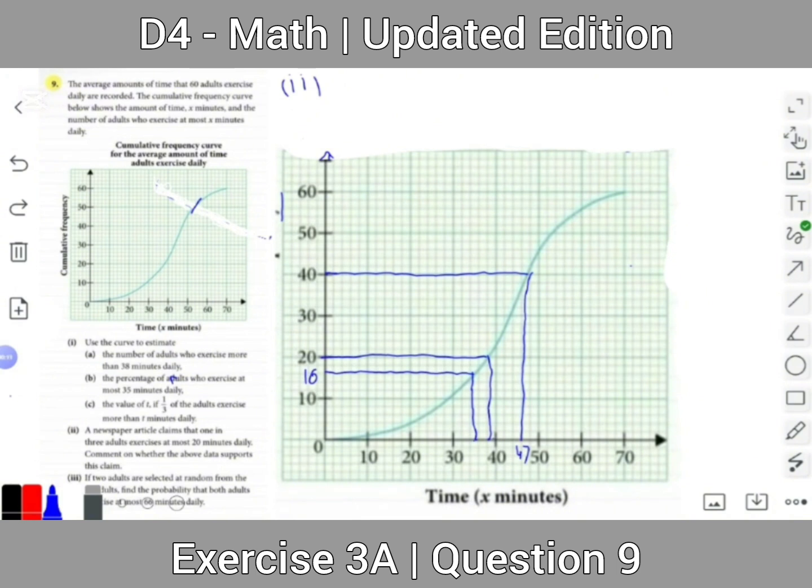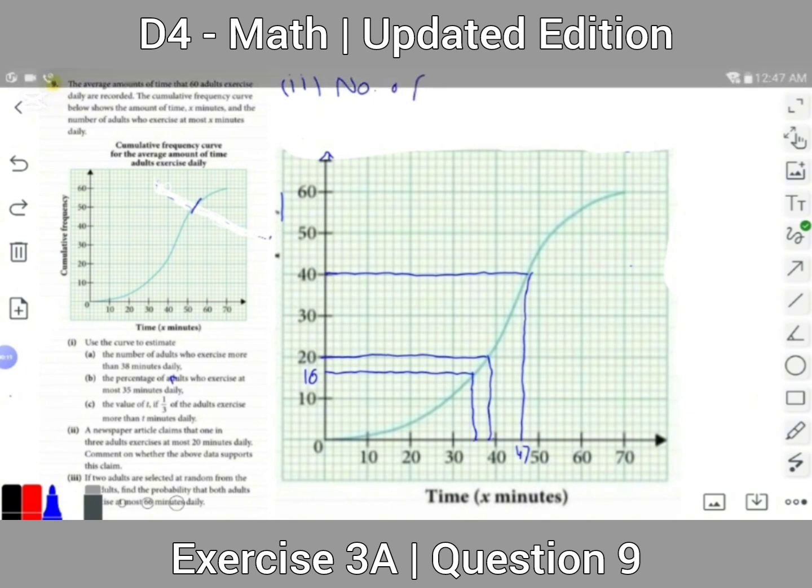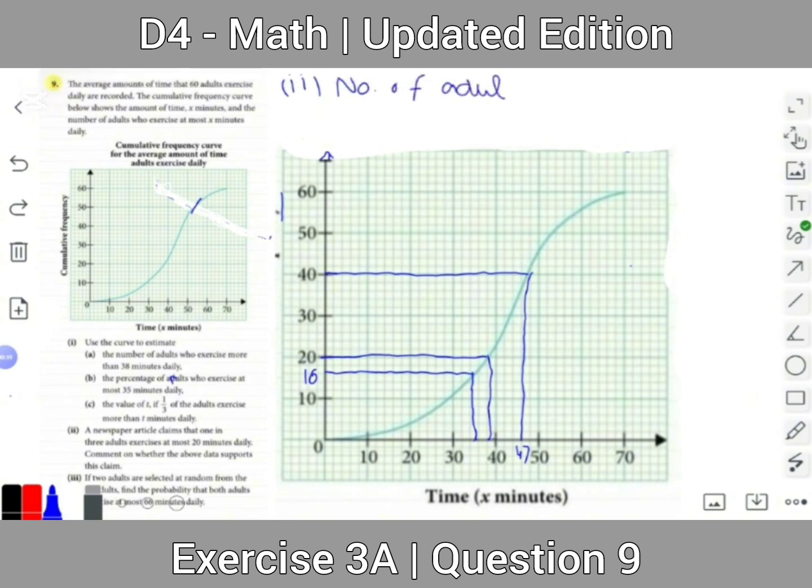So from the curve, the number of adults who exercise at most 20 minutes daily is equal to the number of adults who exercise 20 minutes daily from the curve.